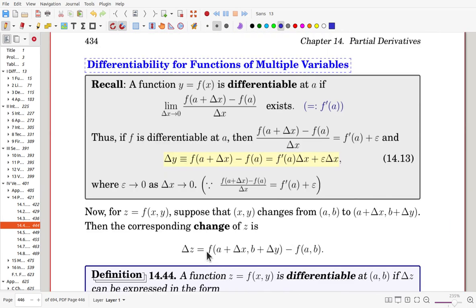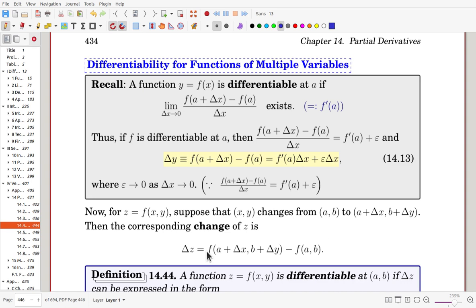Now we'll go to differentiability. So far, in the last section, you learned partial derivatives. These partial derivatives are just directional derivatives along coordinate directions.